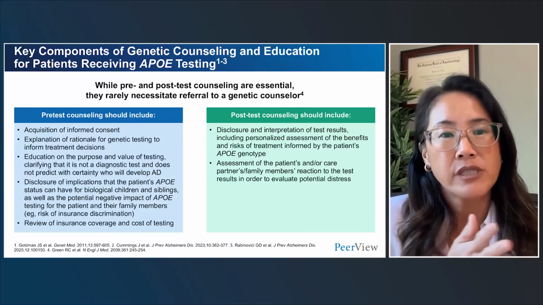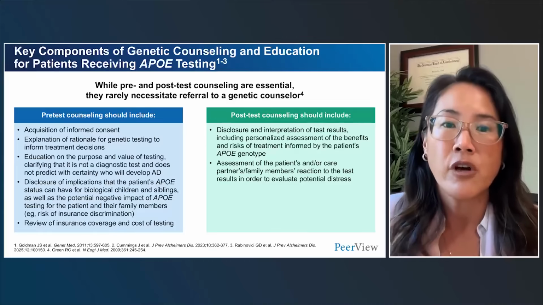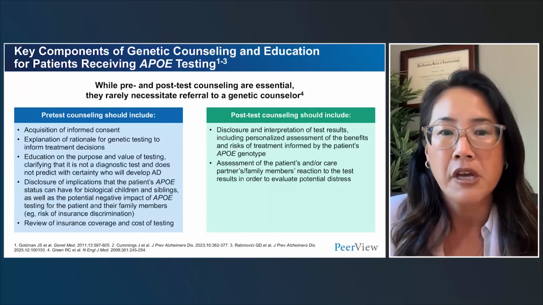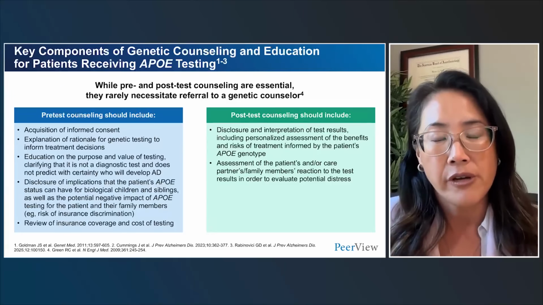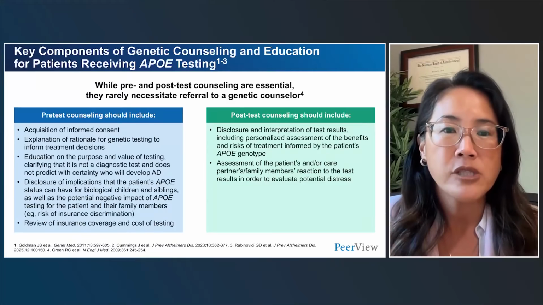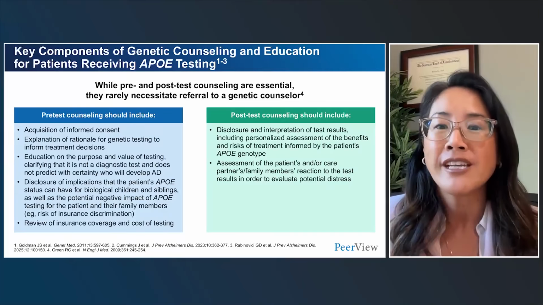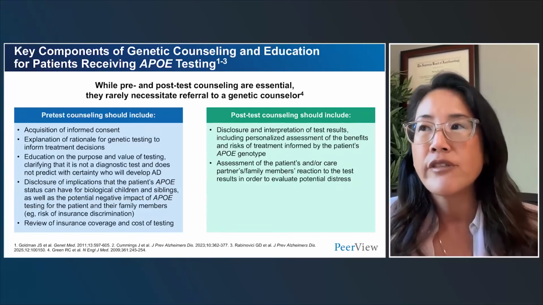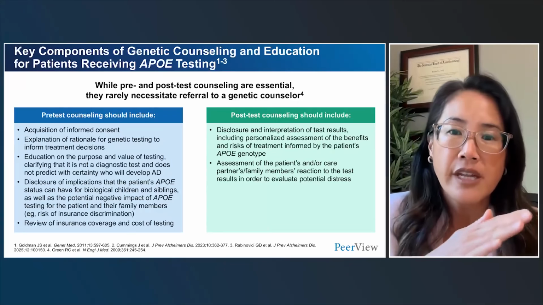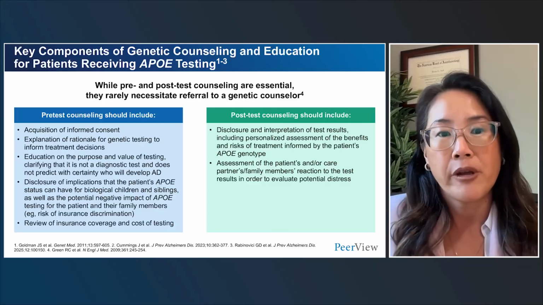Oftentimes we're already getting the biomarkers, so the diagnosis of Alzheimer's disease should already be present. But we're understanding the risk for ARIA. So we discuss with the patients and family the consent process. What are we testing for? Understanding the rationale, and educating about the value of this testing. Again, not because it's diagnostic, but to help determine ARIA risk.